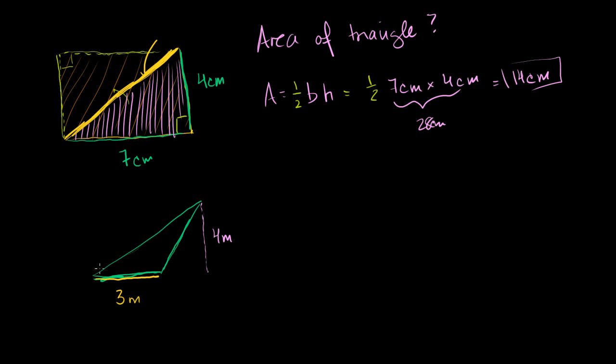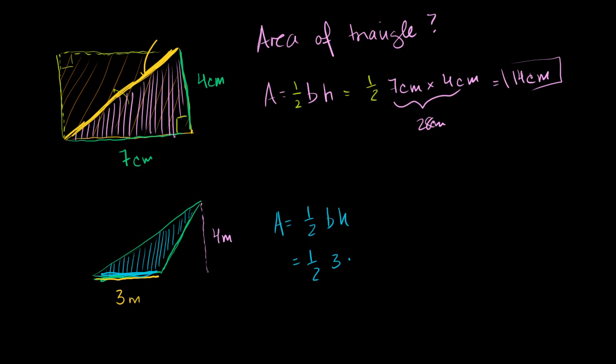So what is the area of this triangle going to be? Well, we apply the same formula. Area is equal to 1/2 base times height. The base is literally this base right here of this triangle. So 1/2 times 3 times the height of the triangle.